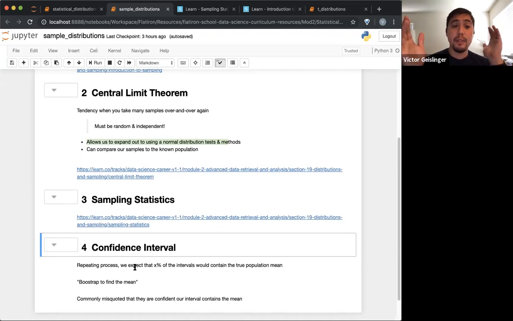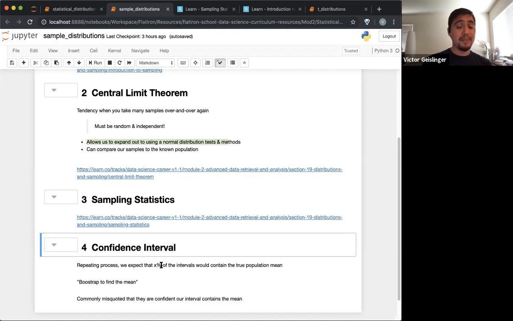What that really means, and sometimes people misinterpret it, is that if I were to redo my sample again and again from the population, taking another sample, and another, and make a confidence interval for each one of those samples, then 95 of those 100 intervals will actually contain the population mean.